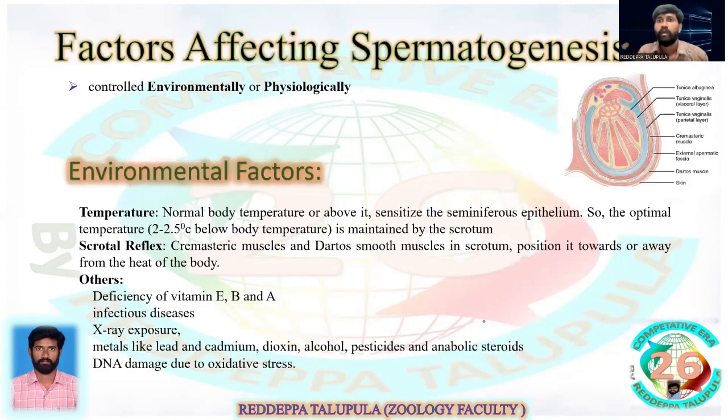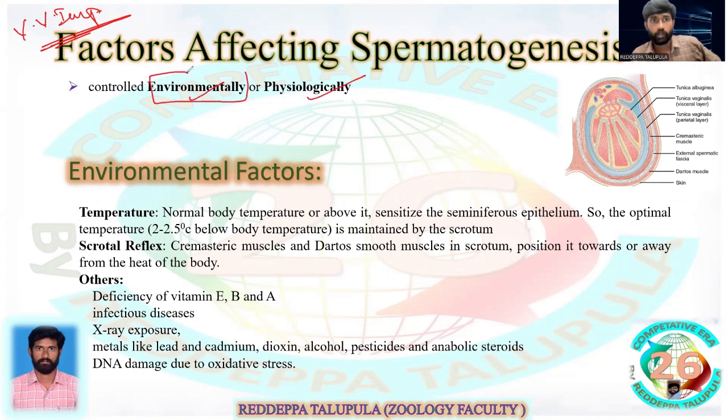Next, factors affecting spermatogenesis. Very important topic. Basically, spermatogenesis is affected by both environmental and physiological factors. If we talk about the environmental ones, the temperature, scrotal reflex, others like deficiency, consumption of alcohol, all these things come under environmental factors.